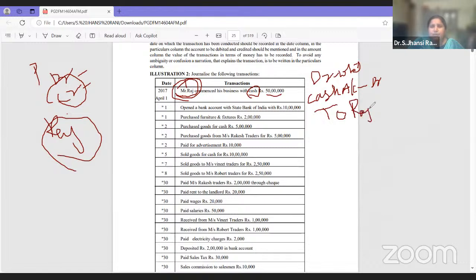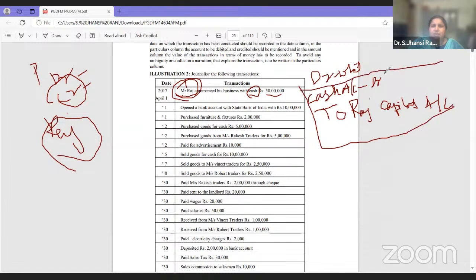So we write: To Raj capital account. Like this we write the entry: cash account debit to Raj capital account. So like this we will write the journal entry.